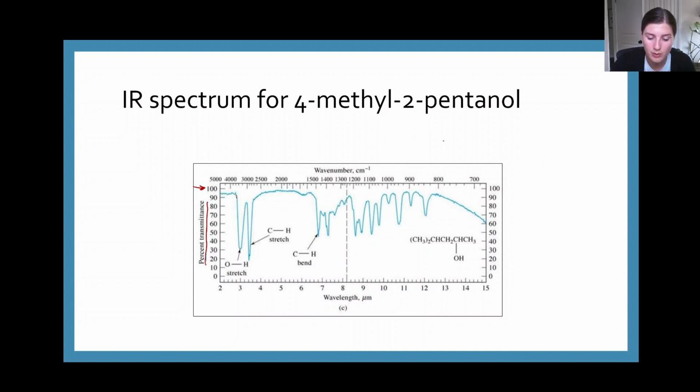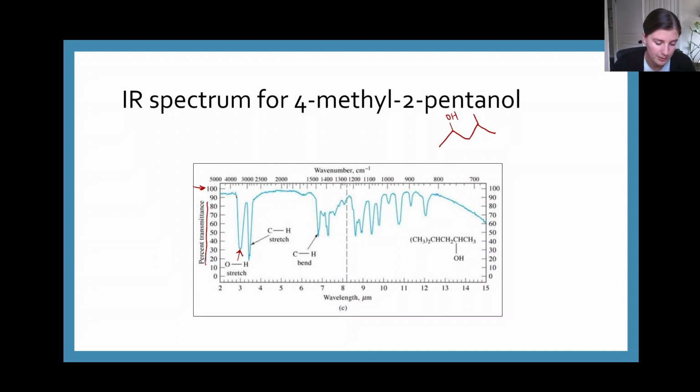So this molecule, 4-methyl-2-pentanol, has an OH group in the molecule, and so that OH group absorbed energy at this wavelength here.